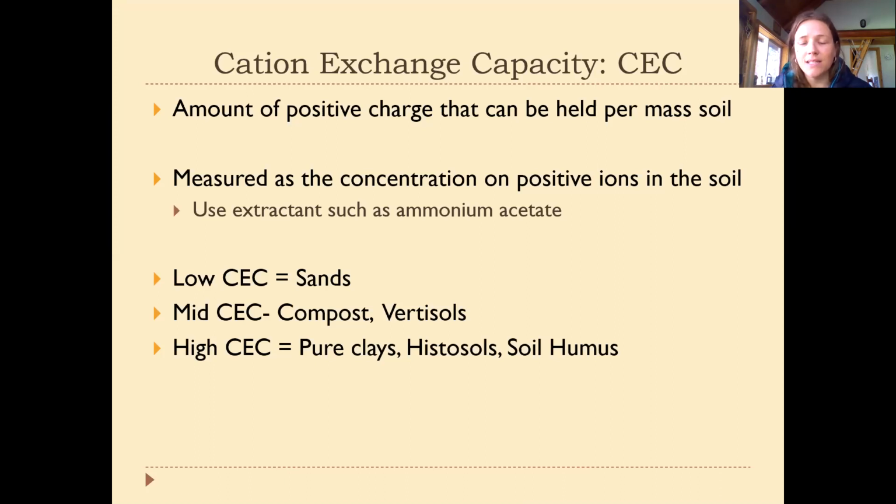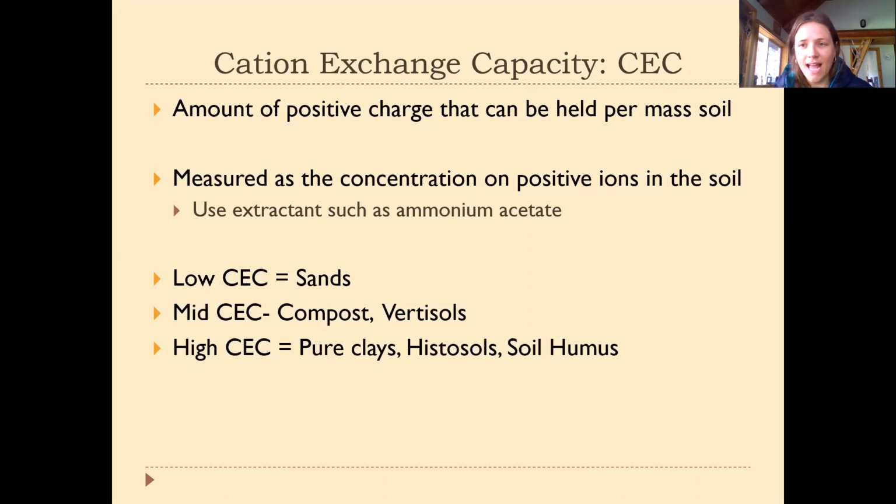And the way that this is measured in practice is that we take the soil and then we use some sort of chemical extractant, so something like ammonium acetate. And if we were in person, we could do this in the lab, but we would put this solution on the soil, and the ammonium acetate would bond onto the soil surface and block these cations from doing the same.